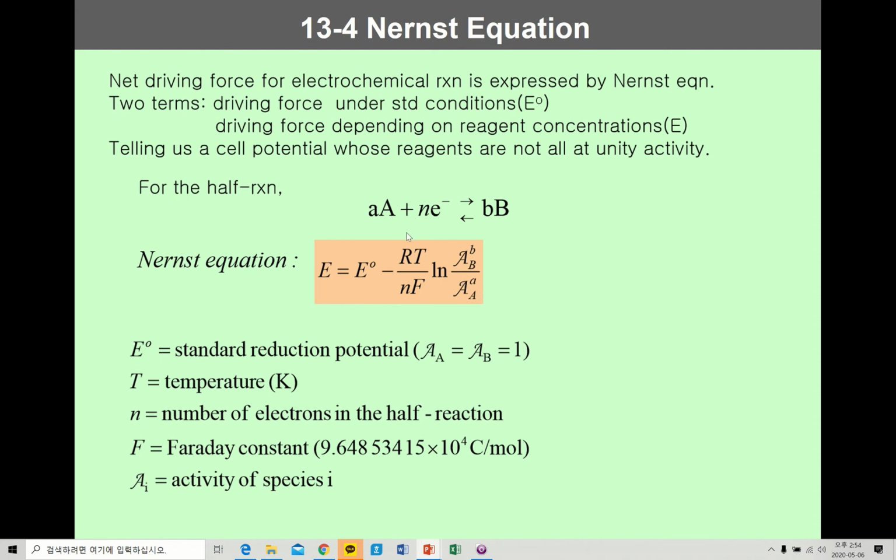Let's consider this half reaction, and the Nernst equation is given by this one: E equals E0 minus RT over nF, times the natural logarithm of the activity of P to the power n divided by the activity of A to the power n. So quite simple, actually.